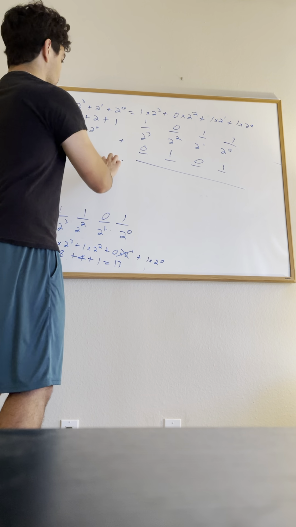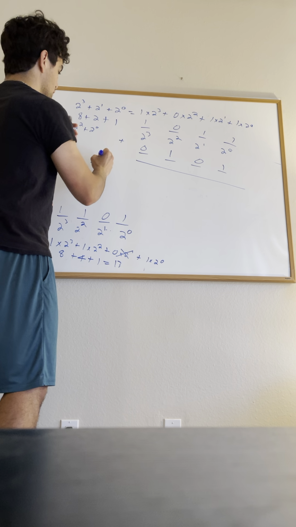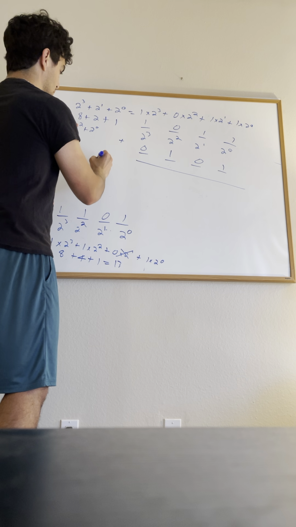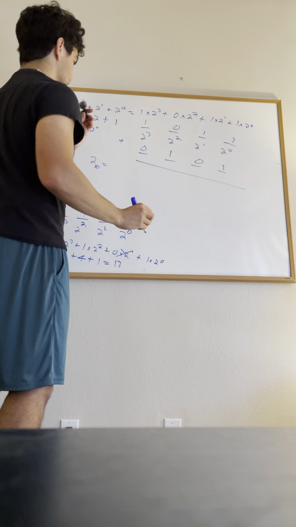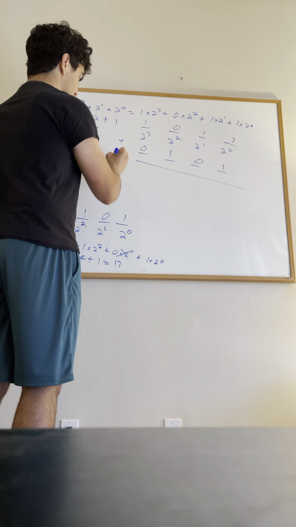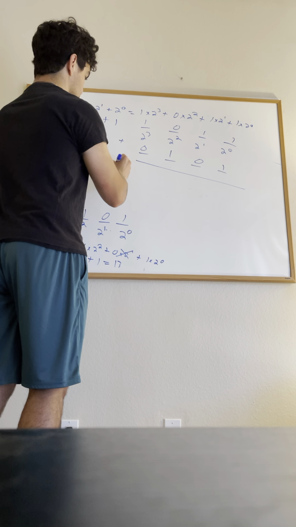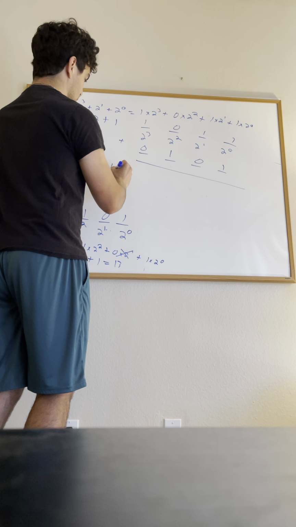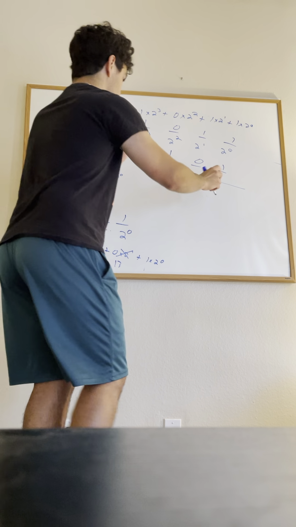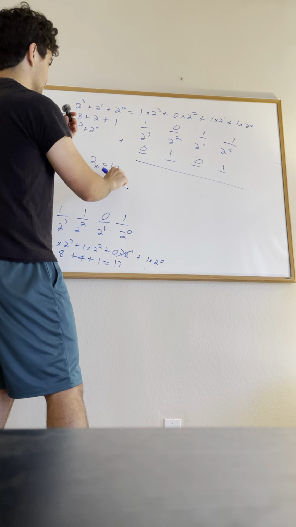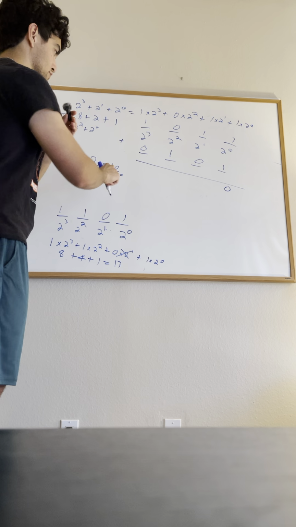Or sorry, 2, I'm going to write 2 in base 10, is equal to 1, 0. This is 2 to the 0, 2 to the 1, right? So 1 plus 1. Just like here, we put the thing in this place down here, and now we carry the 1 over.